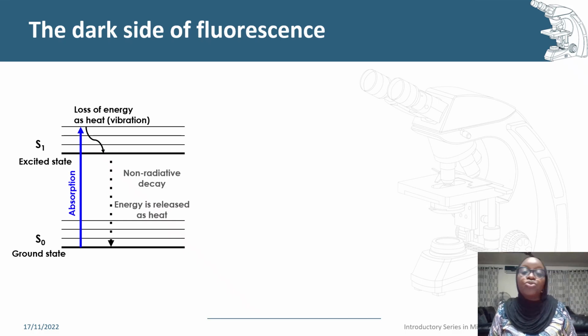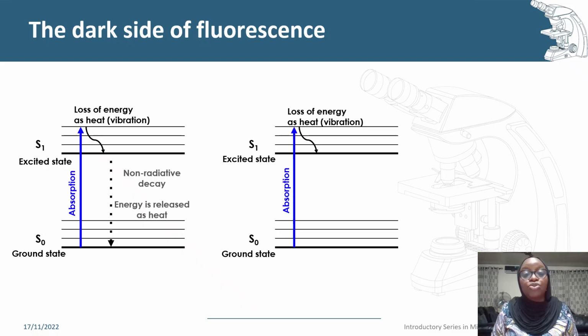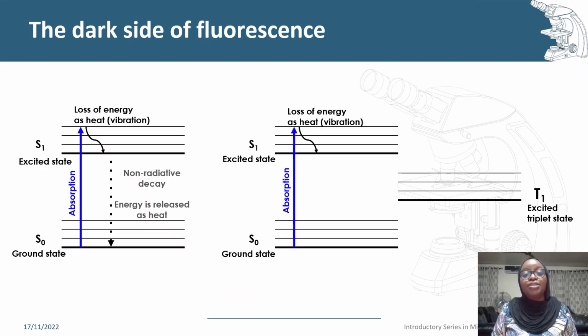In addition to producing heat, an excited electron can sometimes result in processes other than fluorescence, that is, non-radiative decay. A photon can undergo a process of intersystem crossing, move to an excited triplet state, then relax to the lowest vibrational level, giving a non-radiative decay, and return to the ground state.